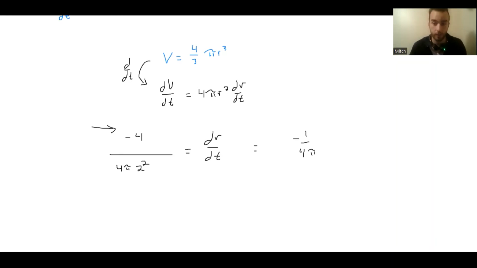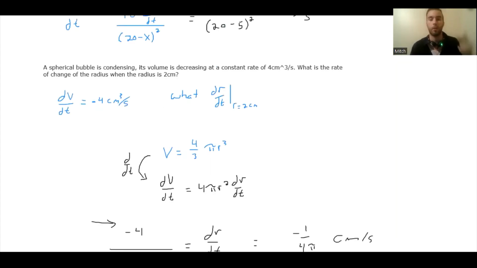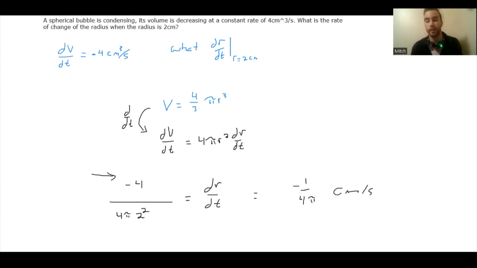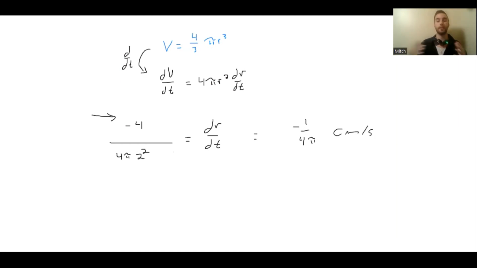And our units are going to be centimeters per second. And this negative just means it's decreasing. So when it's asking what is the rate of change, we can say that it's negative, or we can say it is decreasing by this many centimeters per second.